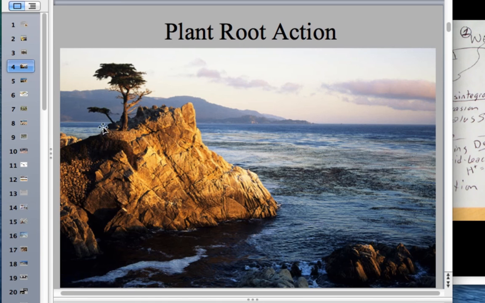Here, the city of Carmel has designed a little barrier to try to preserve this tree because it's going to fall as it grows larger. Another example of plant root action you probably can see in your neighborhood, if you're riding your bike or skateboard down the sidewalk where there's a tree, the sidewalk may be buckled because a tree is growing and causing the sidewalk to be broken, right? So that's another example of physical weathering.